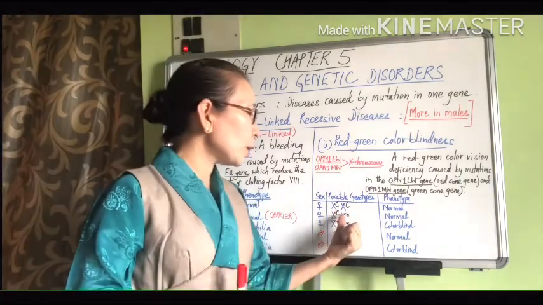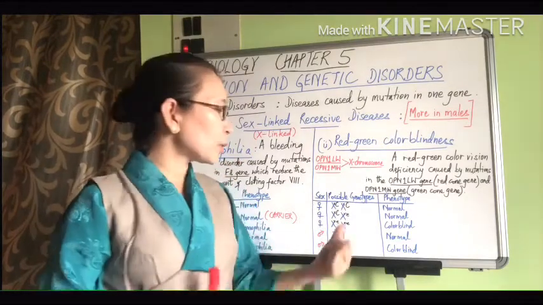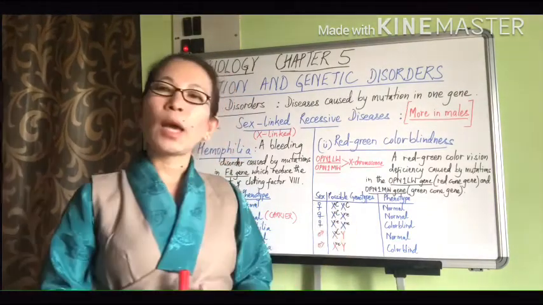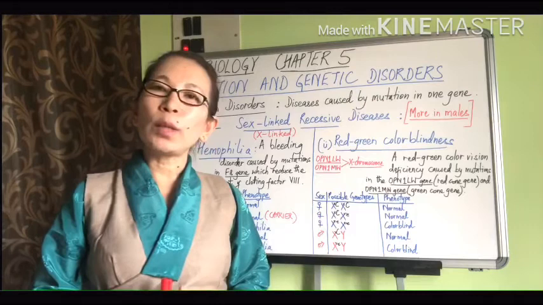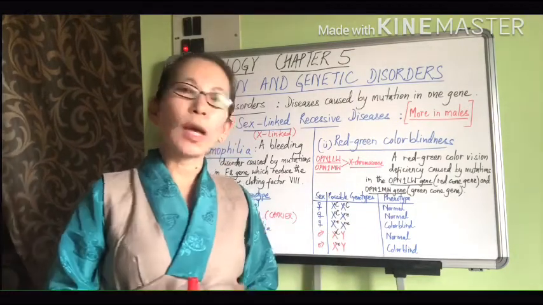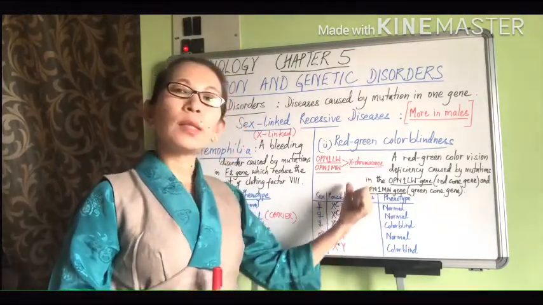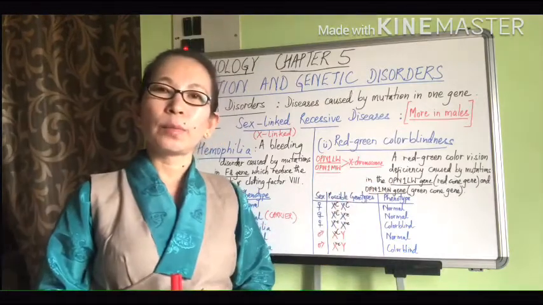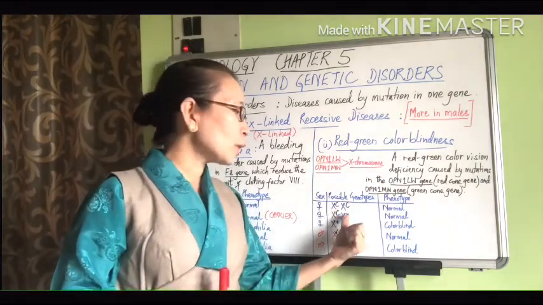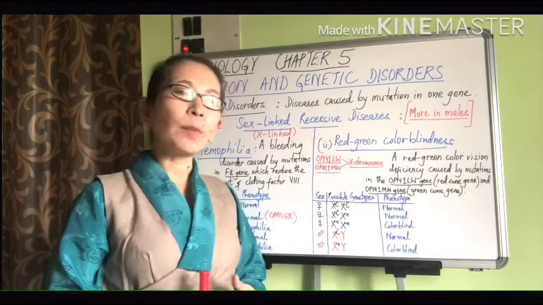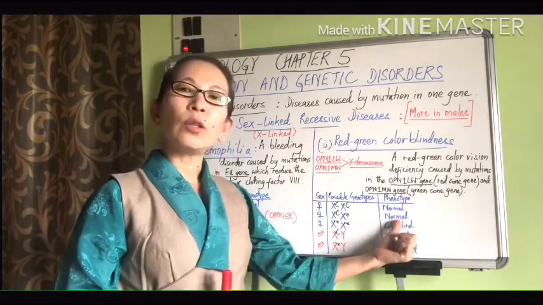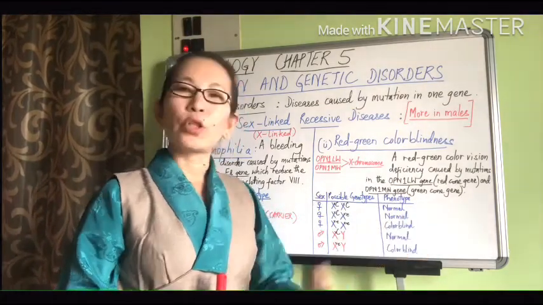Whereas females who are heterozygous, which means one of their X chromosomes has the capital C normal allele and the other X chromosome has the small c, that is the red-green colorblind allele, are still normal in their color vision.